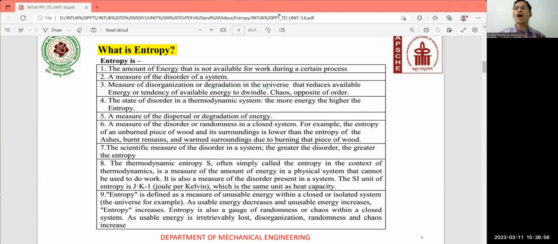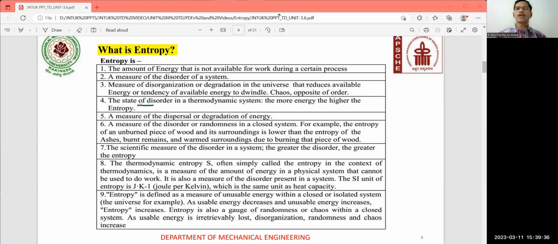There is an orderly form of energy and a disorderly form of energy: organization of the energy and disorganization of the energy. From the energy quality point of view, the question is whether the quality is conserved or degraded. This reduces the available energy, or the tendency of available energy to dwindle. An example is chaos, the opposite of order, the random nature of the molecules present in the system.